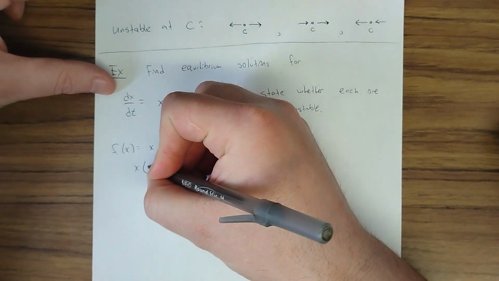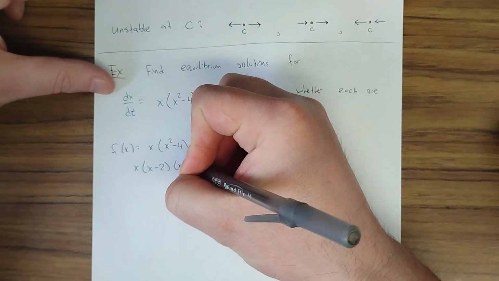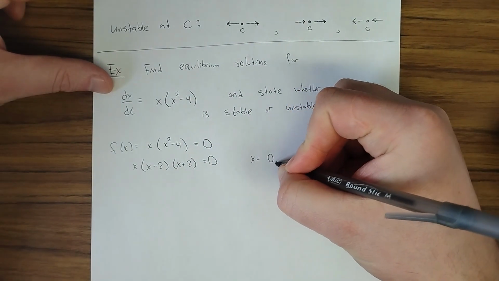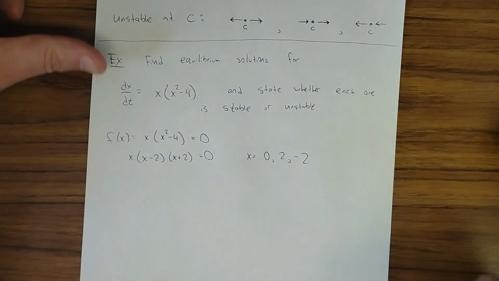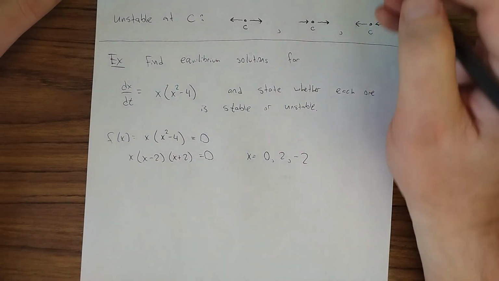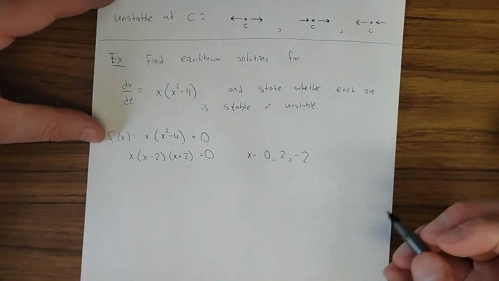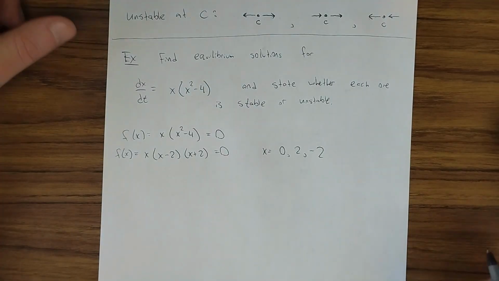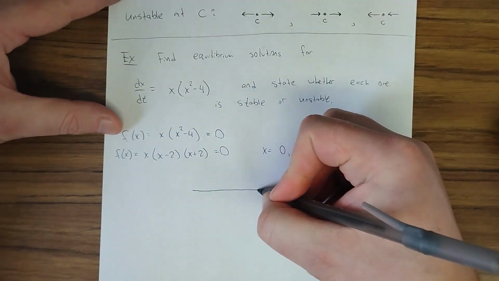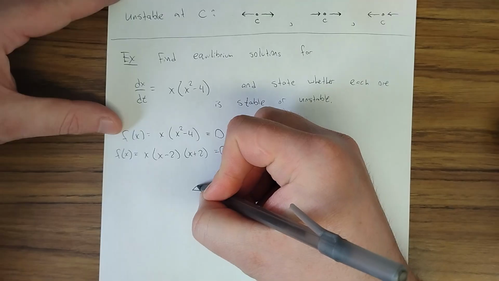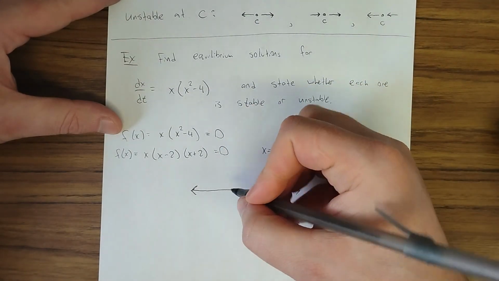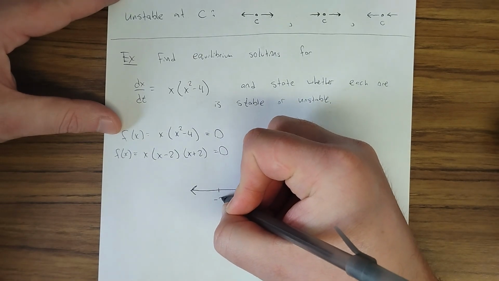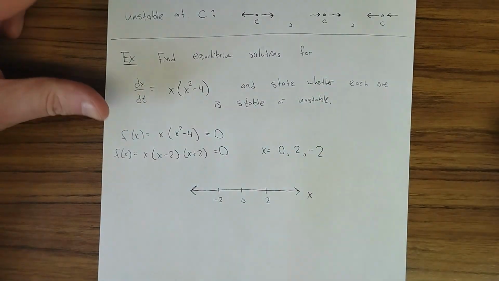And so we can factor this. 0, 2, -2. Those are my critical points. Let me actually just write that. Okay. Let's start drawing our phase diagram. I'm going to mark my critical points. There I go.